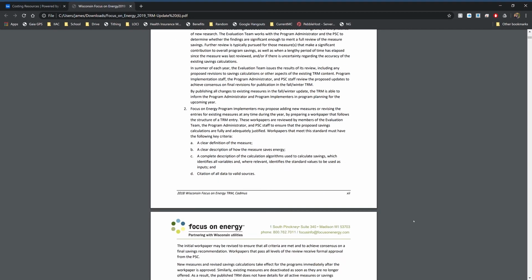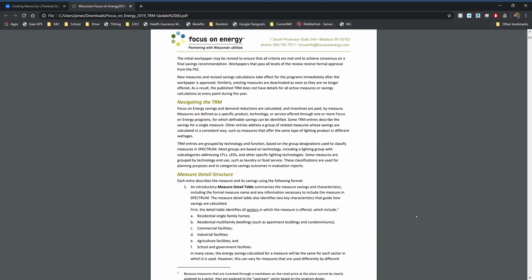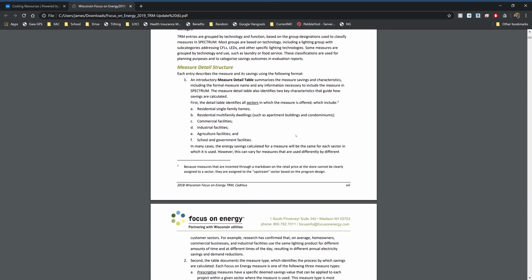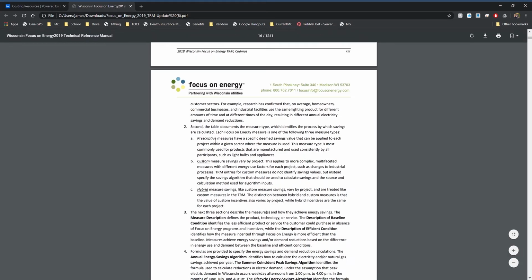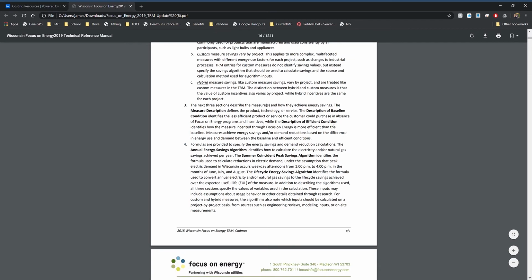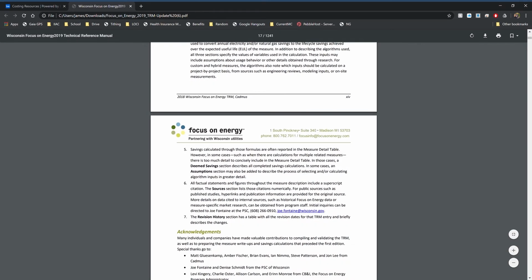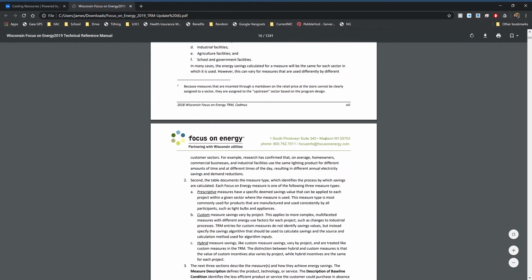If you have a question on what one of those things mean, come down here to this measure detail structure. You can see there's a table, and some of the definitions right here. Then, description of baseline condition, efficient condition, you can just see what all of these different things that we will see mean here. So this is going to be a good reference.